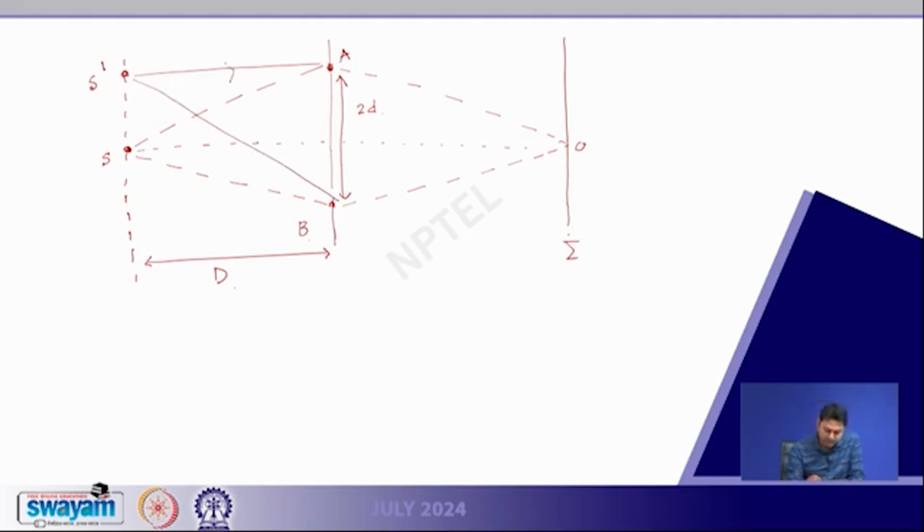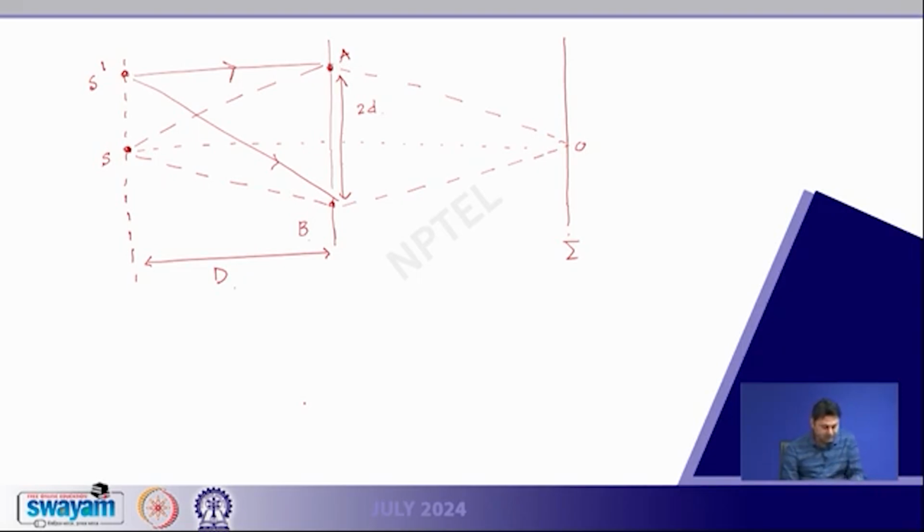Here these are the 2 rays that are coming from the point S prime, and they do the same thing, going to O and superimposing. Now we need to find out the condition for the minimum length of S and S prime where they don't have any phase relationship.